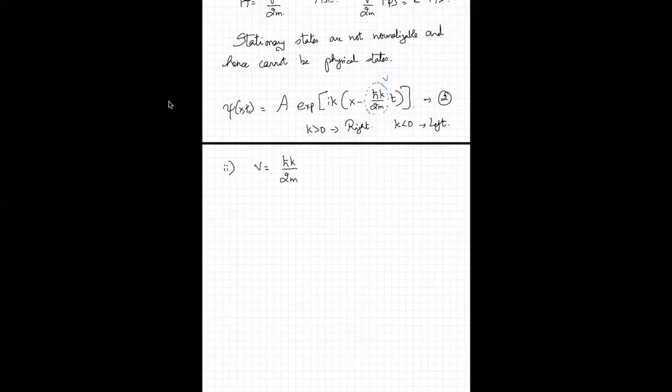Now momentum p is h bar k, right? So this velocity turns out to be equal to momentum over twice mass, which can be a little strange to look at, because classically, if this were a classical particle, how would I describe it? What is the equation of motion? The equation of motion is m d squared x over dt squared equal to 0, which means dx dt is a constant.